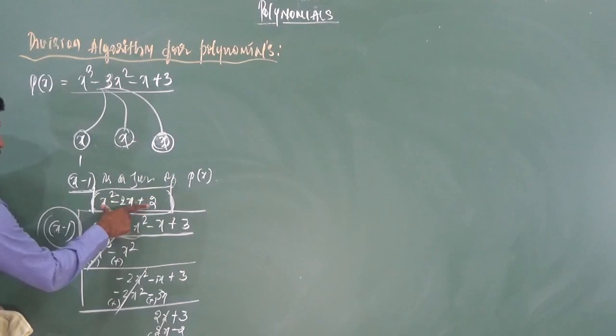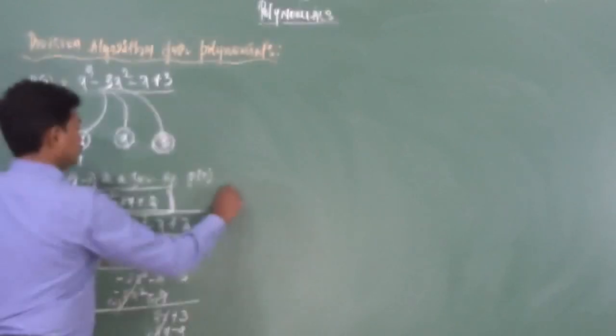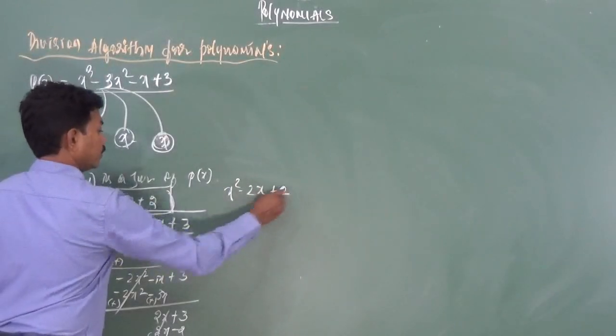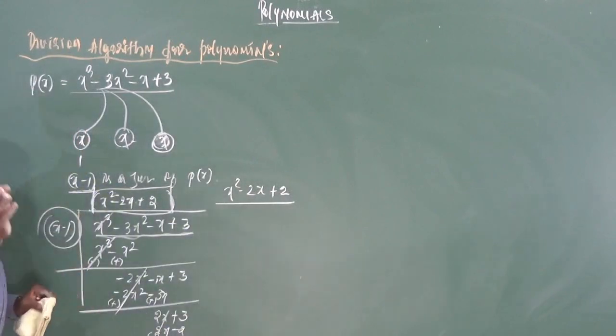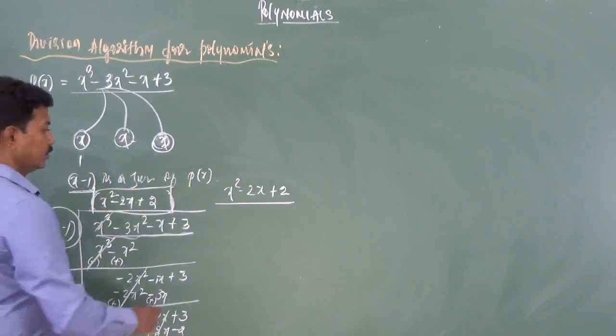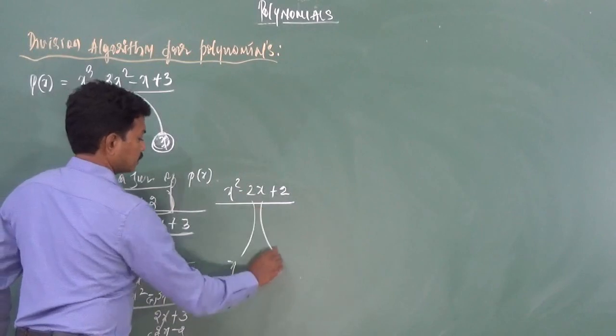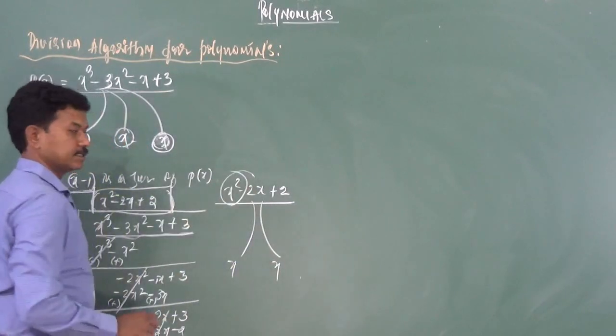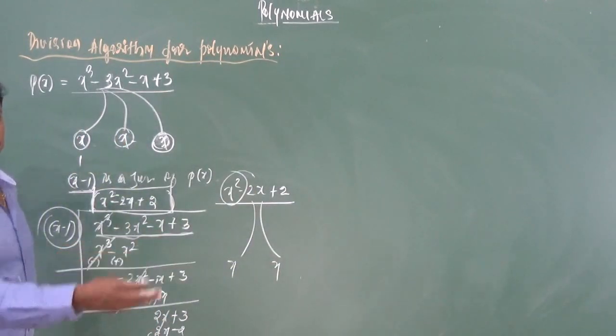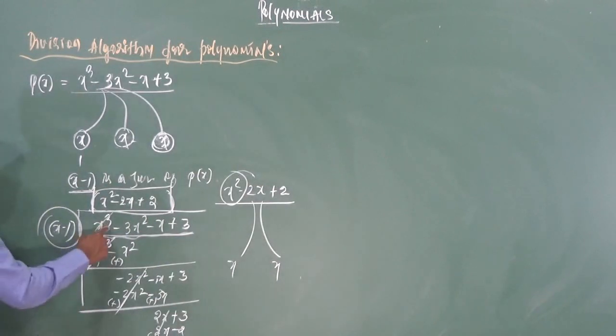So when you factorize this, that is x square minus 2x plus 2, by the summation product method, what you have learned in your previous classes, you are going to get the other 2 factors. Because a quadratic polynomial has 2 zeros, in the sense it has 2 factors. For this cubic polynomial, one factor is already given in the data.